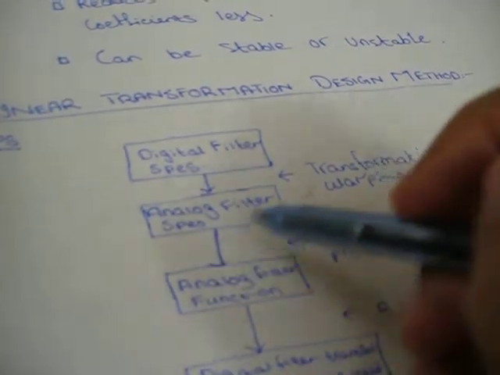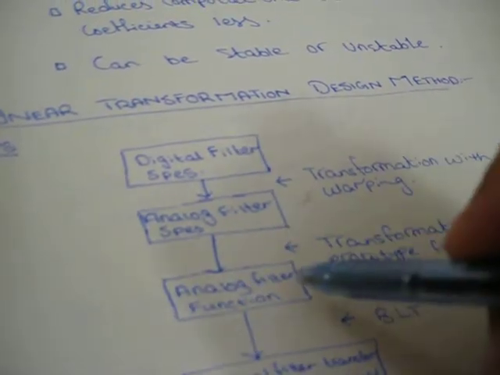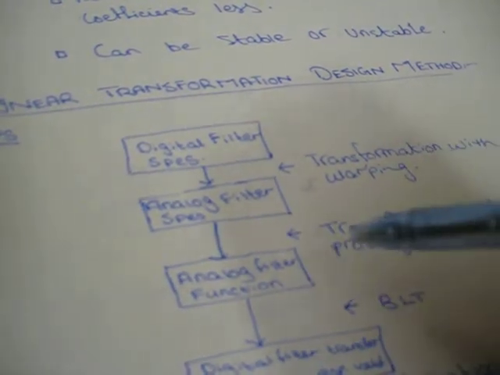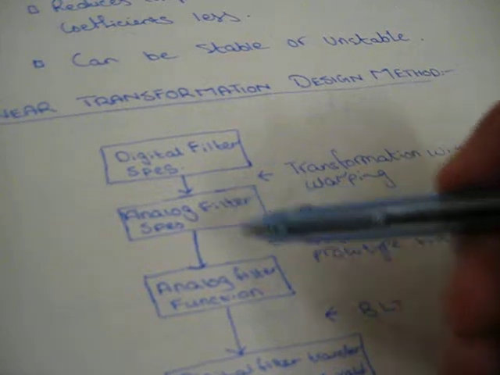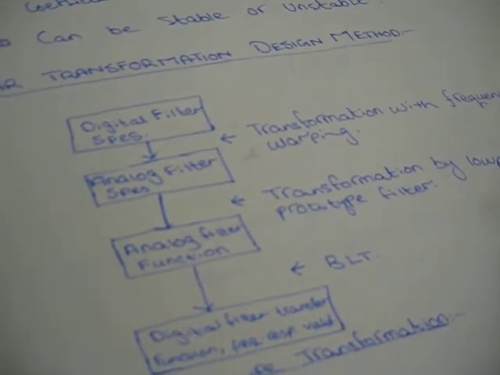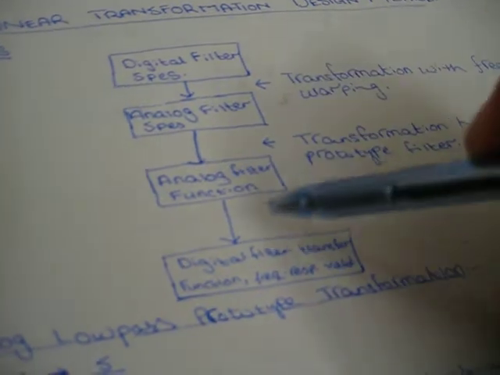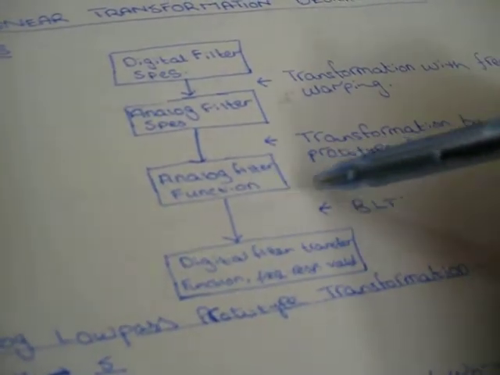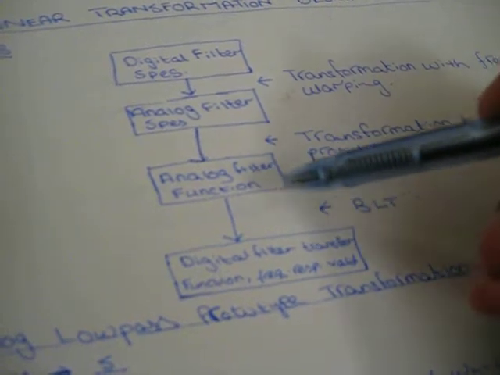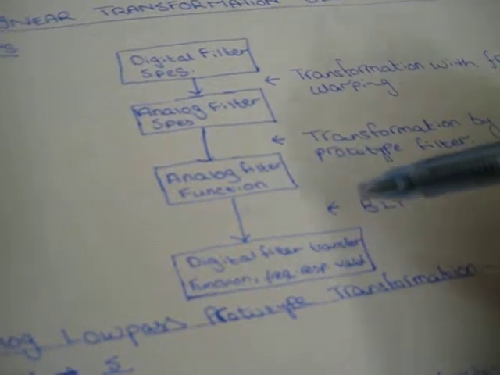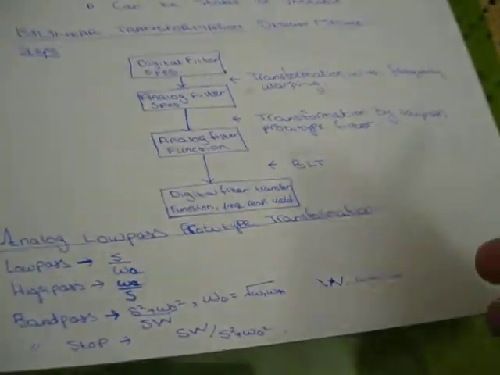From the analog filter specifications we have to calculate the analog filter transfer function, and this is done through transformation by a low pass prototype filter. In the final step we get the digital filter: from the analog filter transfer function we get the digital filter transfer function. This is done through the bilinear transform.